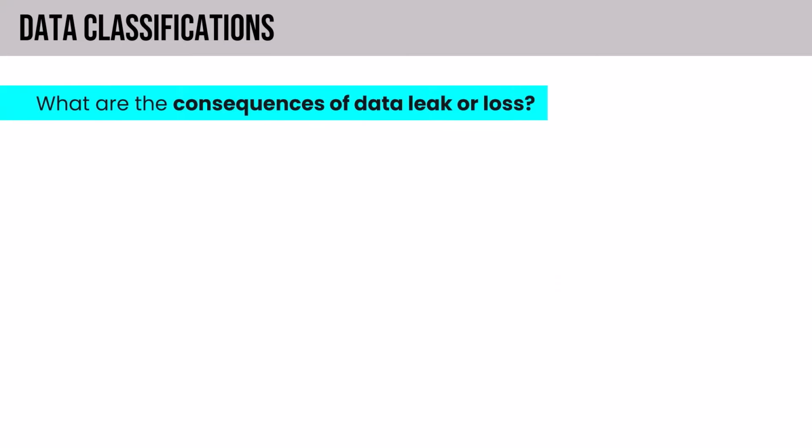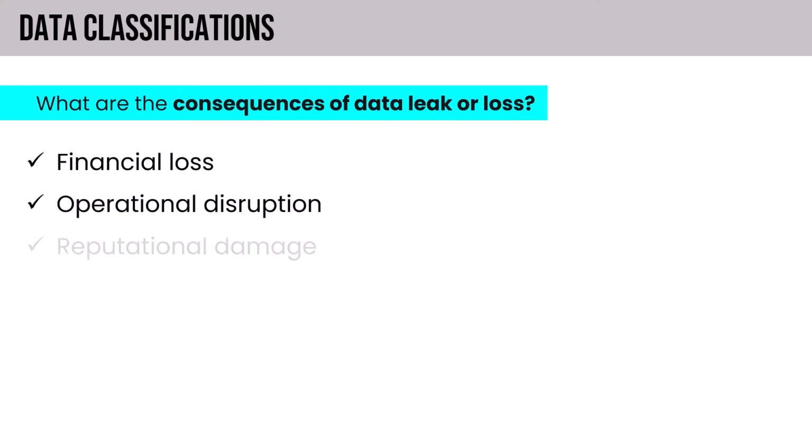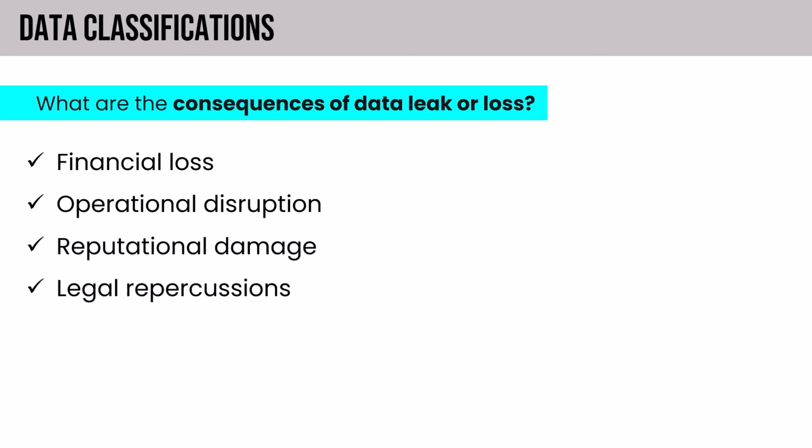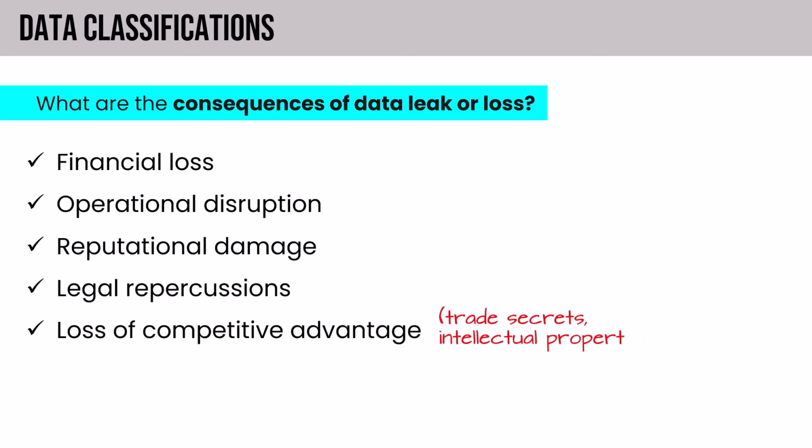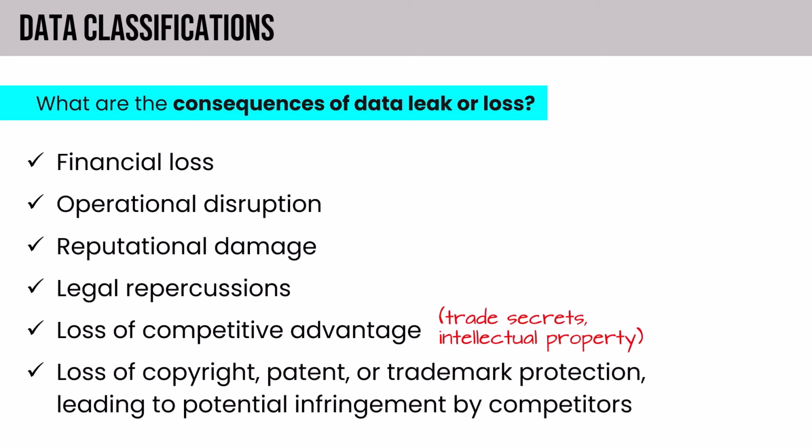To wrap up data classifications, I want to talk through the consequences of data leak or data loss. So certainly we have financial loss, operational disruption, reputational damage. In the case of data that's regulated under law, potential legal repercussions. There's the potential for loss of competitive advantage in the case of trade secrets or intellectual property leak, and the loss of copyright, patent, or trademark protection leading to potential infringement by competitors.